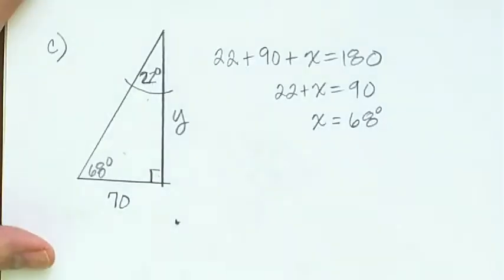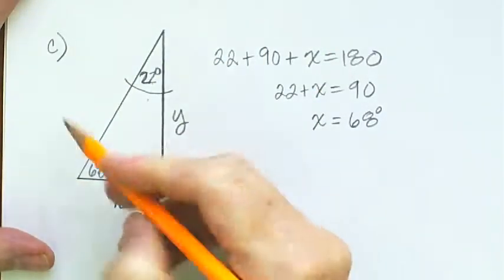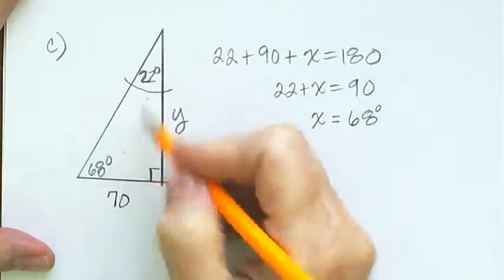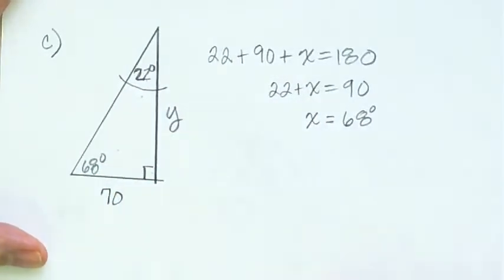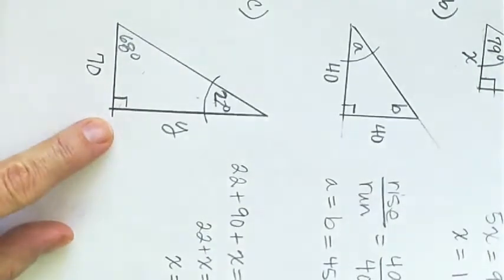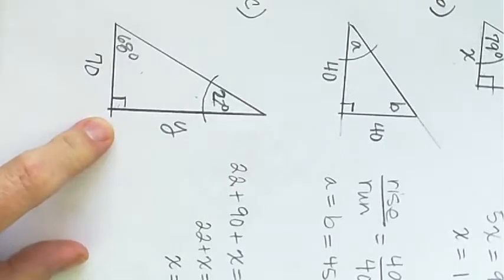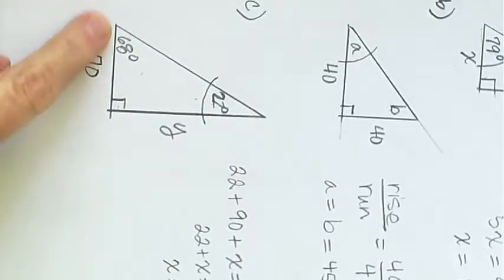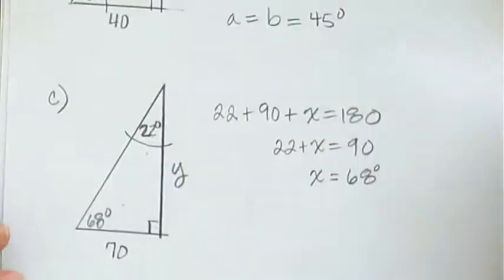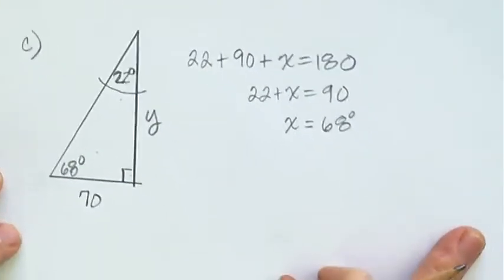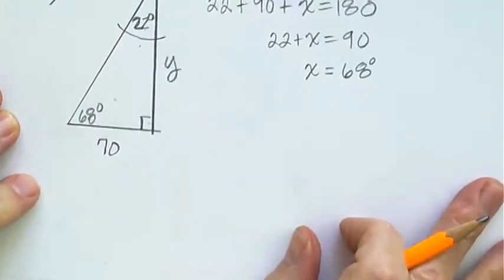And since we already have it drawn looking like the slope triangle corresponds to 68, let's just keep it that way. If I were to look at the 22 degree angle, I would rotate it. I would also probably reflect it, although you don't have to, because you can see the rise is just 70 and the run is y. So if that makes more sense, you can do it that way.